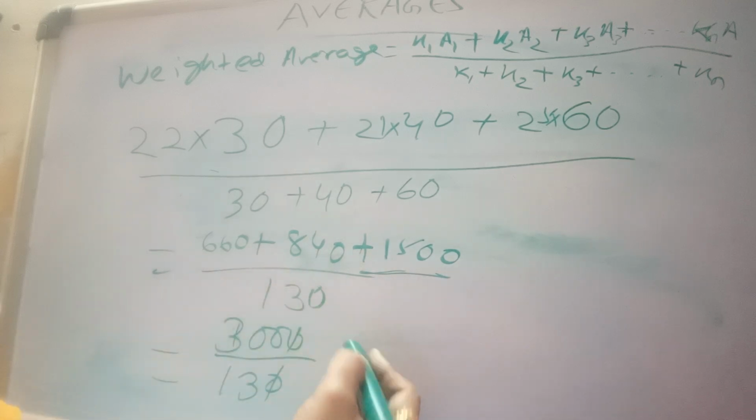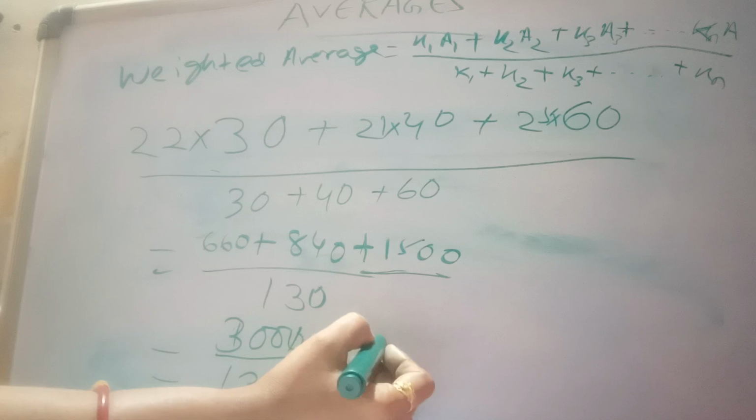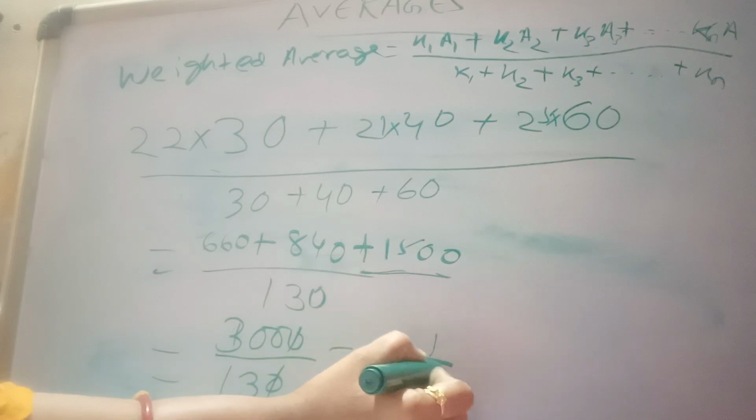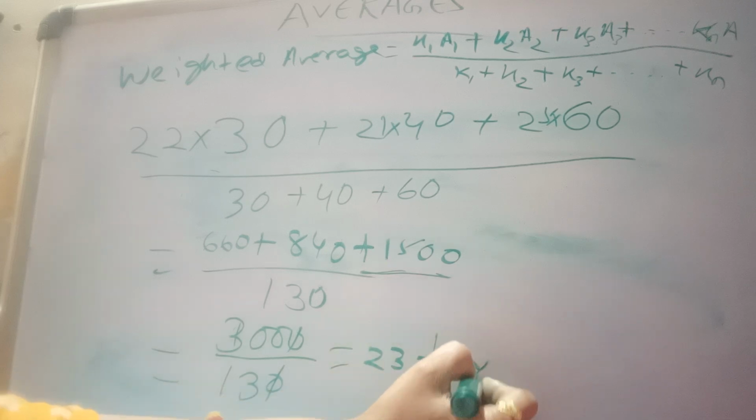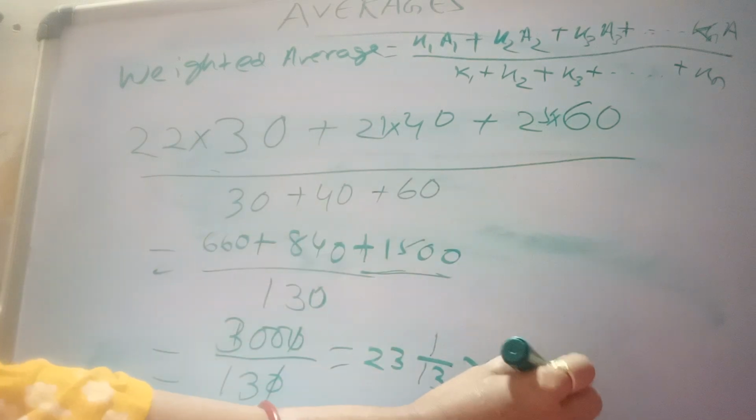So the zeros cancel. This will be 23 and 1 by 13 years. This is the answer.